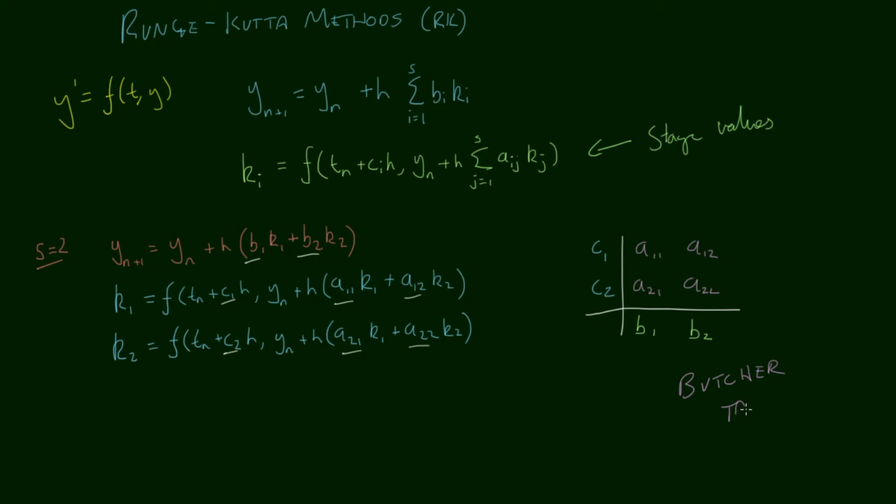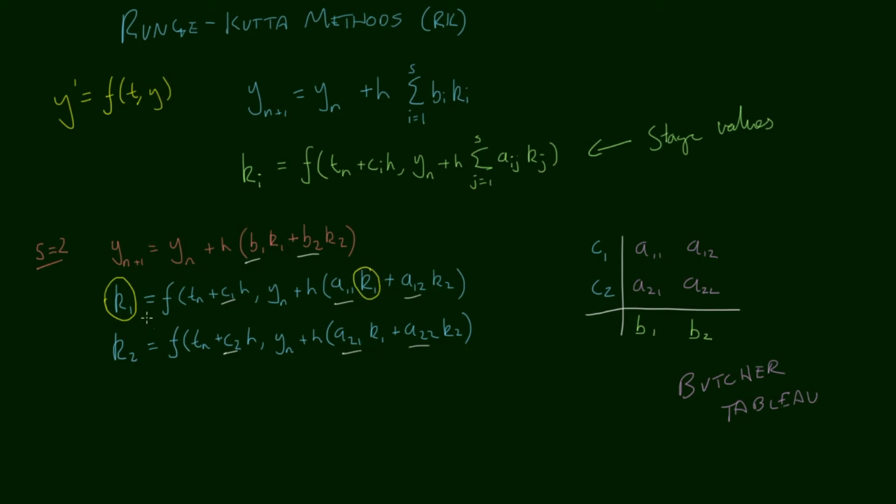It's just an easier, quicker way in which we can specify a Runge-Kutta method without writing out all of the equations. One thing I want to point out is that if we look at the expression for k_1, we have a k_1 on the left, but we also have a k_1 appearing on the right.